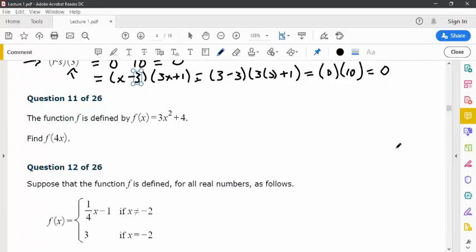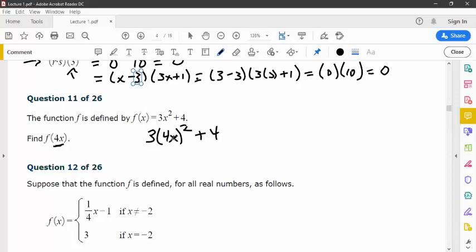So now in some cases, we're given a variable included into what we're substituting into the function for the variable. So in this case, same thing. We have f of x equals 3x squared plus 4, and we're asked to evaluate f of 4x. So again, whatever's inside parentheses replaces the x in the original function. So instead of it being 3x squared, it's 3 times 4x squared plus 4.